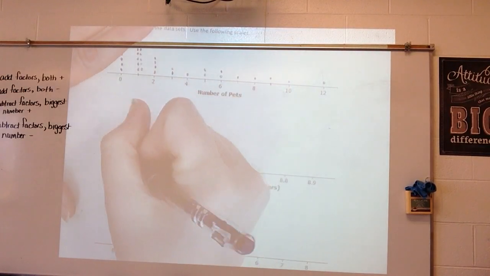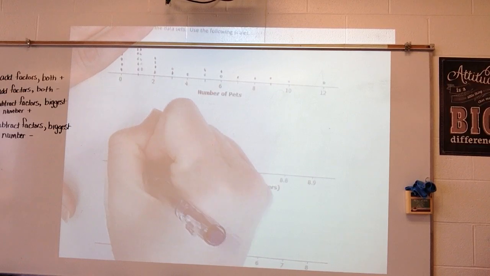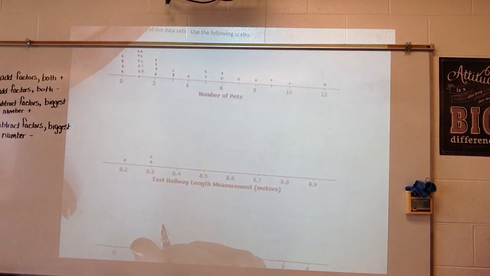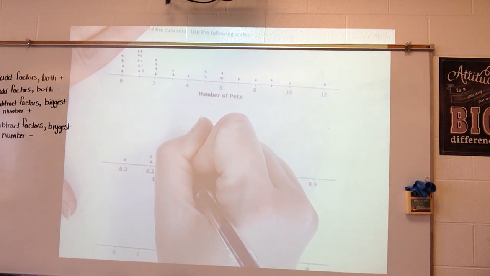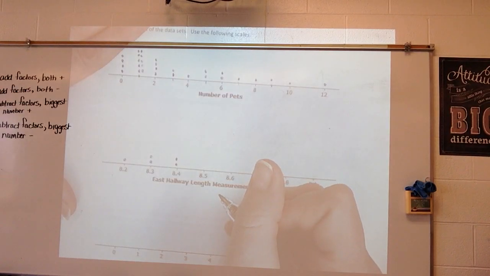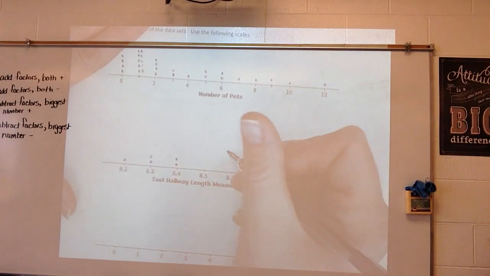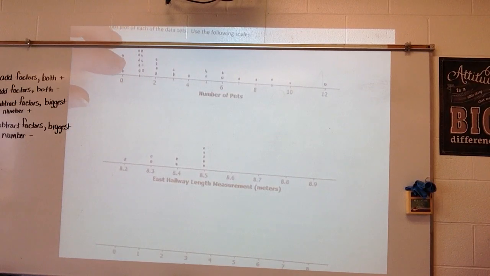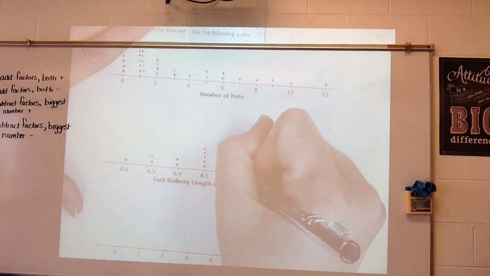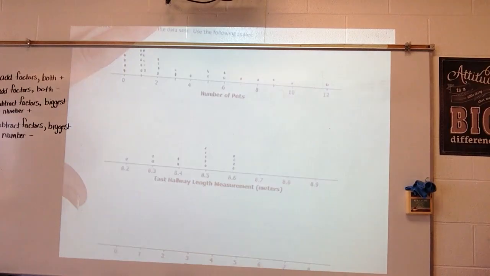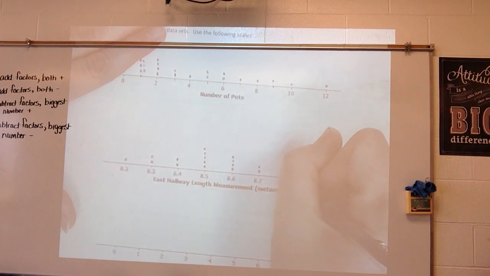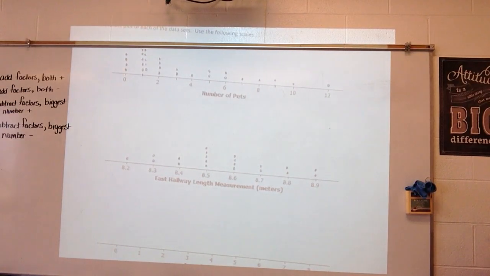Alright, so I've got 1 8.2, 1, 2 8.3s, 1, 2 8.4s, 1, 2, 3, 4, 5 8.5s, 4 8.6s, 2 8.7s, 2 8.8s, and 2 8.9s. So that's what it should look like there.